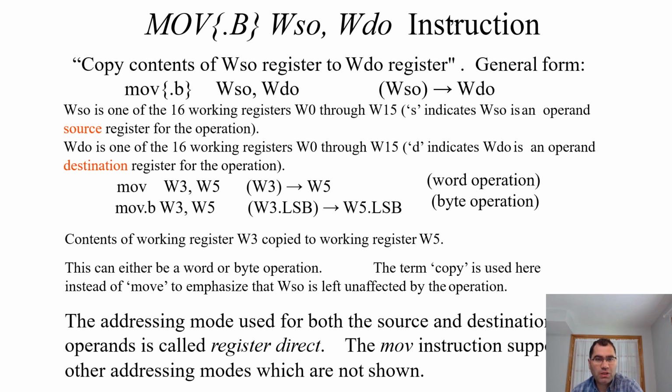By the way, move is kind of an unfortunate name for this instruction. We are not moving, we are copying. So when we say move Wso comma Wdo, the meaning is copy the content of the Wso register to the Wdo register. This is the general form of the instruction.